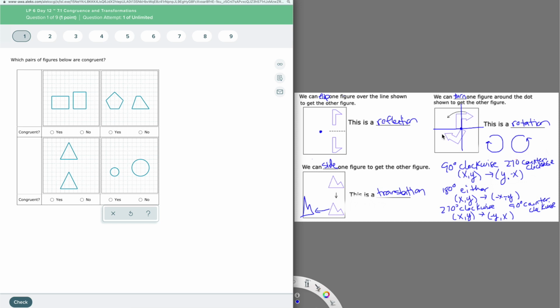I can rotate it clockwise, going with the clock, or counterclockwise, going backwards. So just these 3 things can happen, and it doesn't change the size or the shape of the object. So when we ask if an object is congruent, we're asking, is it the same size and shape? Not general shape, exactly the same shape. So it can't just be 2 general triangles and have that work.